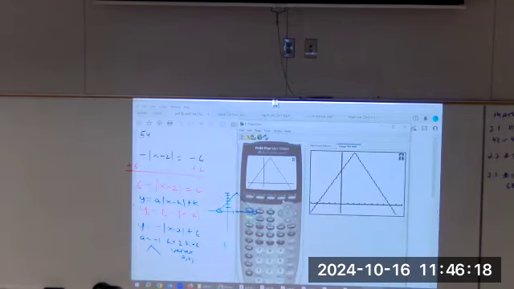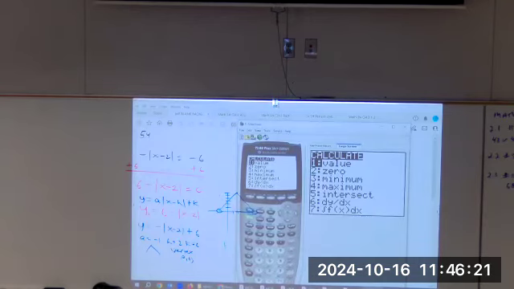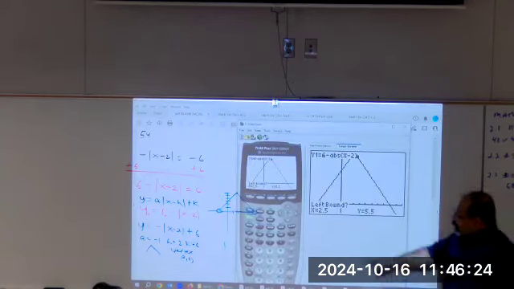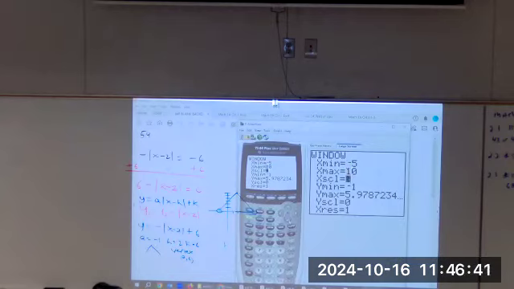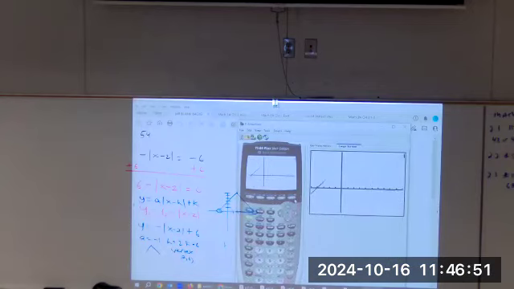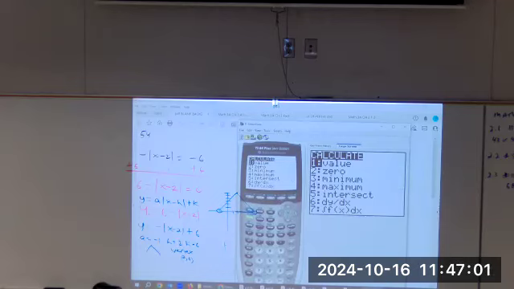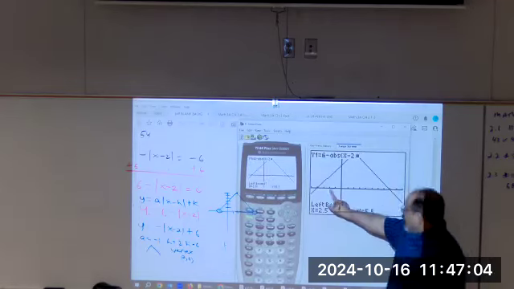Now, left bound, and unfortunately, it's too low. So 1, 2, 3, 4.